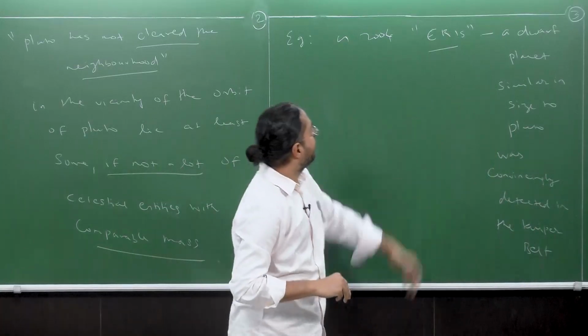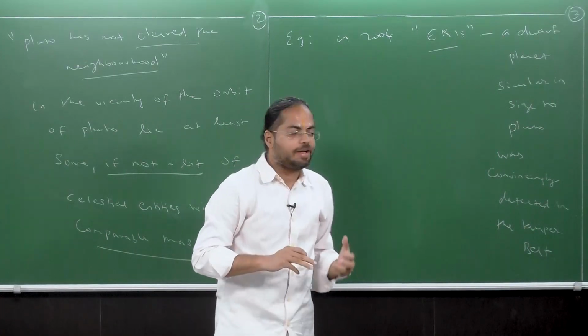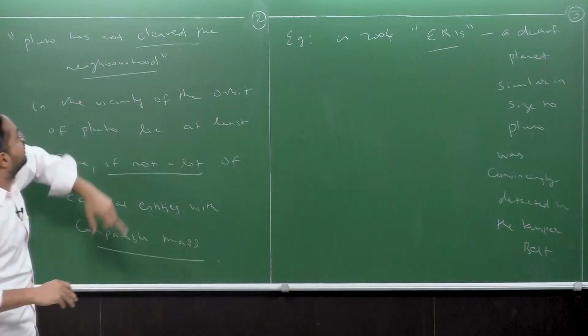Now, what does this imply? Well, this implies that clearly Pluto has not cleared the neighborhood.